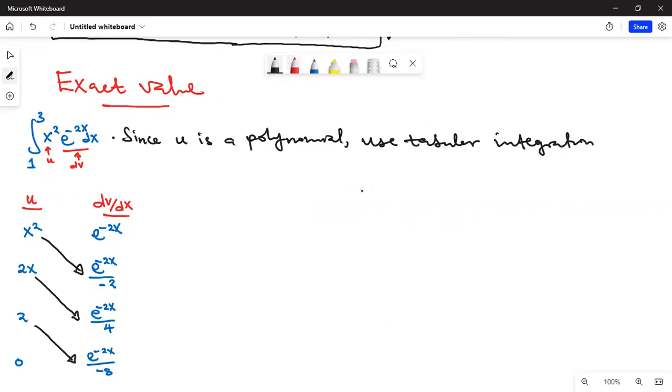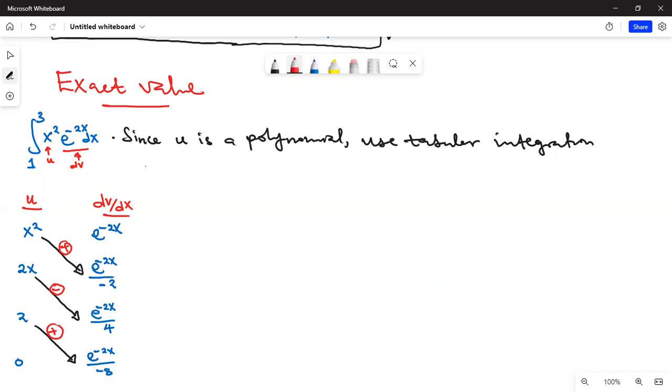And then you give them the signs. Here we have positive, here we have negative, then followed by positive. They must alternate from positive, negative, in that order. And those arrows mean you are multiplying. So the first arrow means that the sign is plus, the product of x squared and exponential negative 2x over negative 2. You multiply and the sign is a plus.